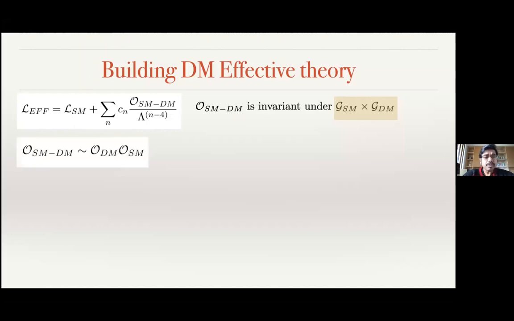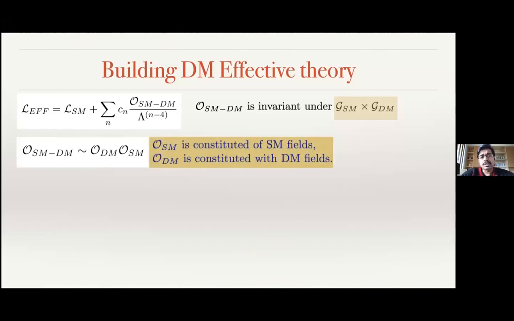And most often, at least in the examples that we are going to talk about today, this operator, which consists of dark matter and standard model fields, is factorized into O_DM and O_SM. So this factorization basically tells that O_DM is constituted with dark matter fields, and O_SM is constituted of standard model fields.